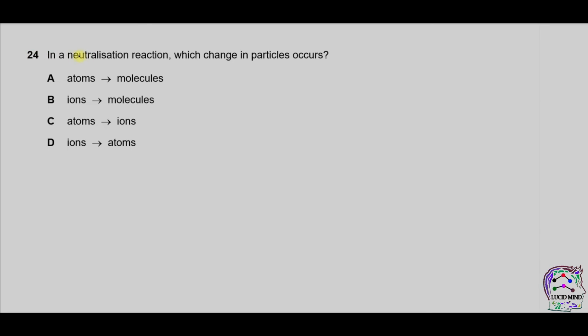Question 24. In a neutralization reaction, which change in particles occurs? Let's write an equation for neutralization in which acid, for example HCl, reacts with alkali, for example NaOH, to form salt and water. In this case, salt produced is sodium chloride aqueous along with H2O liquid.